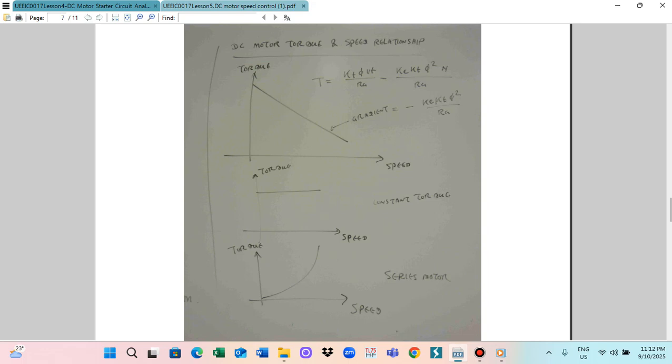And another system where torque and speed are changing like this, this is especially for the series motor. We can also write, this is the speed and this is torque, so it will change like this. This is for the series motor.